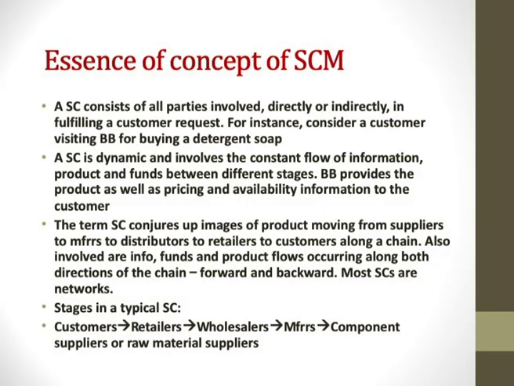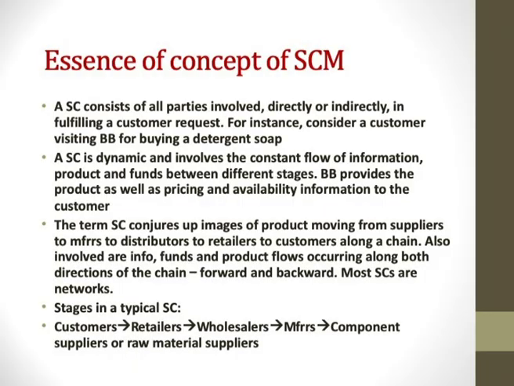The supply chain conjures up images of product moving from suppliers to manufacturers to distributors to wholesalers and to retailers all along a chain. Also involved are information flows, funds flow and product flows occurring along both directions of the chain, forward as well as backward.